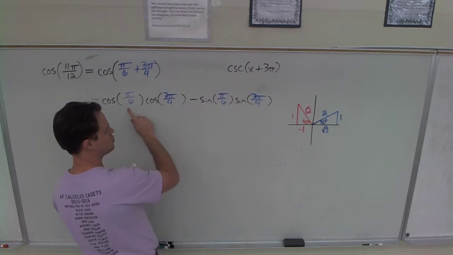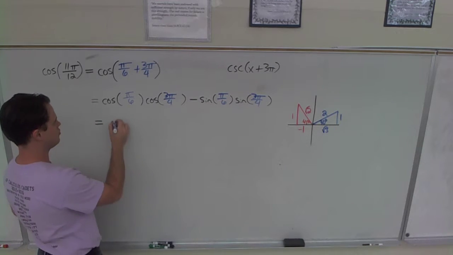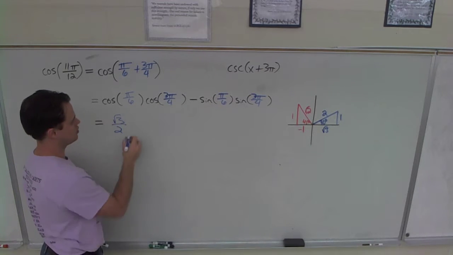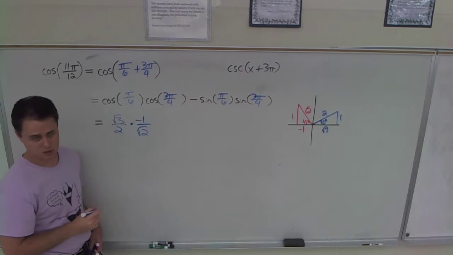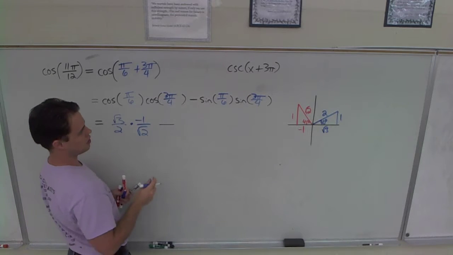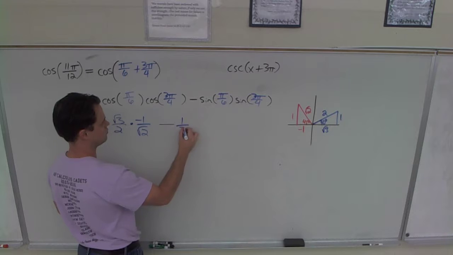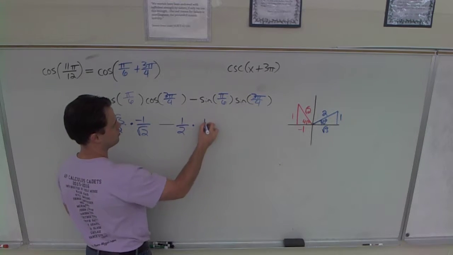Cosine of pi over 6. For that one, adjacent over hypotenuse is square root 3 over 2. Cosine of the other one is negative 1 over root 2. Minus. Now we've got sine of the blue one, 1 over 2, and we've got sine of the red one, 1 over square root 2.